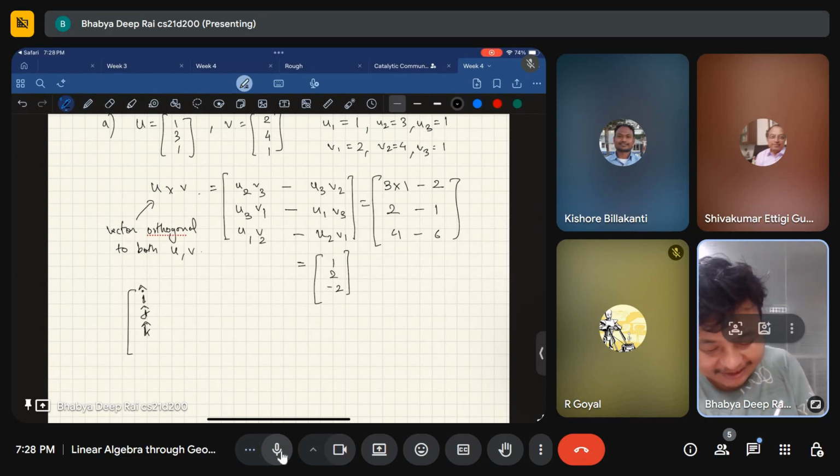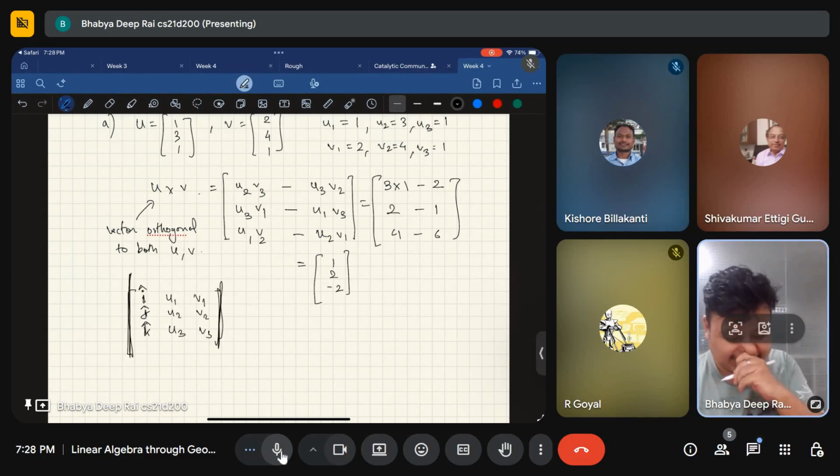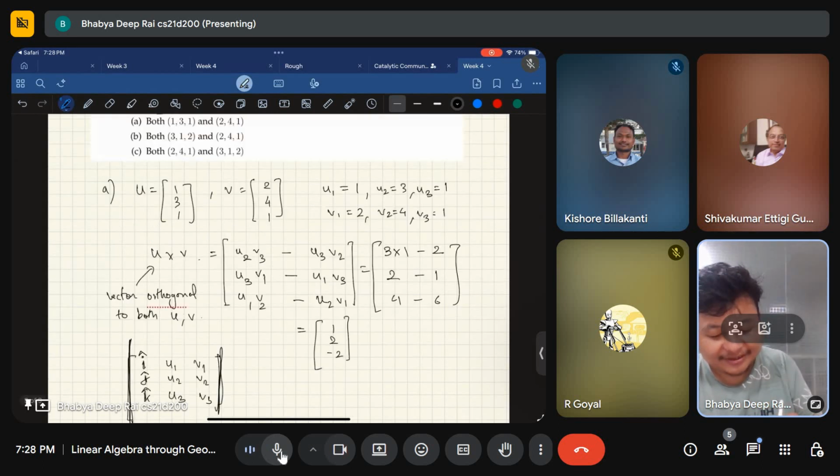You put this and then you put u1 u2 u3, v1 v2 v3, and find its determinant. If you find its determinant, then you'll get this formula.